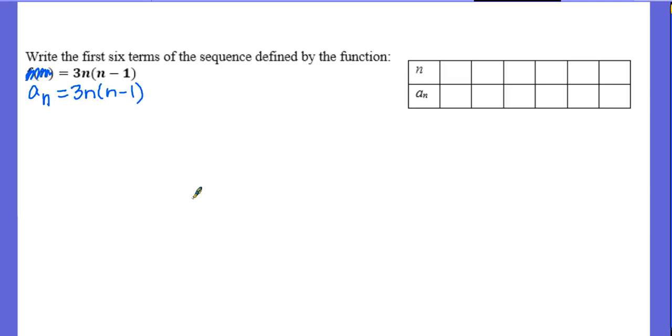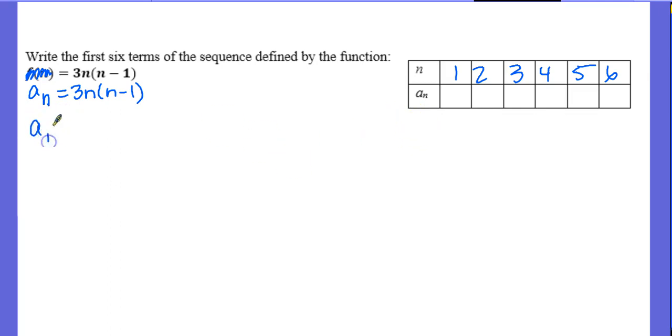What number's in position 1? What number's in position 2? So let's go up here to our position row, our domain, which is the set of numbers 1, 2, 3, 4, 5, 6, position 1, 2, 3, 4, 5, 6. And let's plug those values into our rule to determine what the first number in our sequence is.